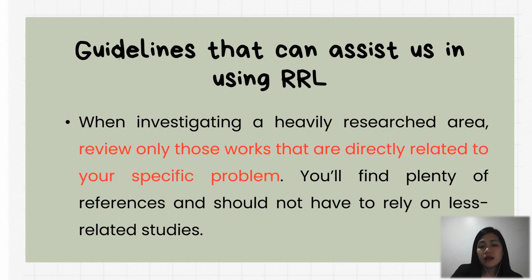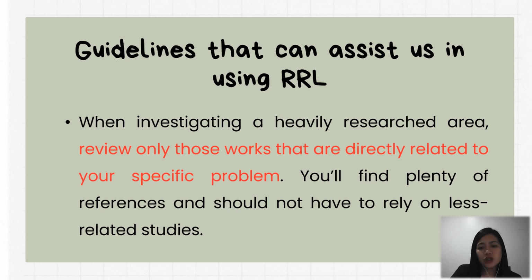When investigating a heavily researched area, review only those works that are directly related to your specific problem. Let's stop the process of looking for a topic that is really not significant to our study, the topics that are not relatable to our problem.